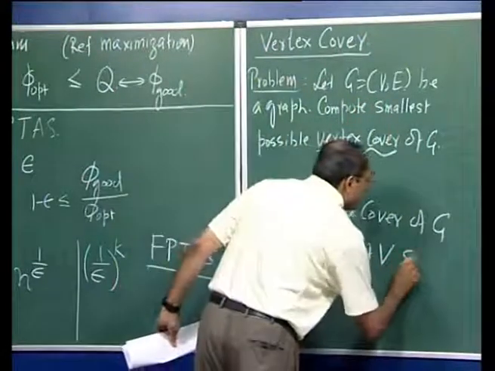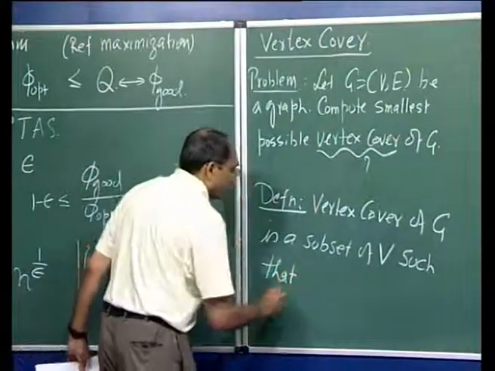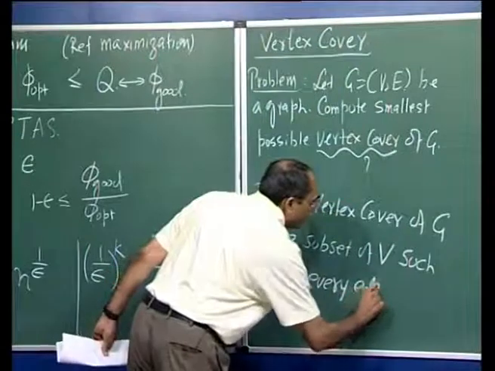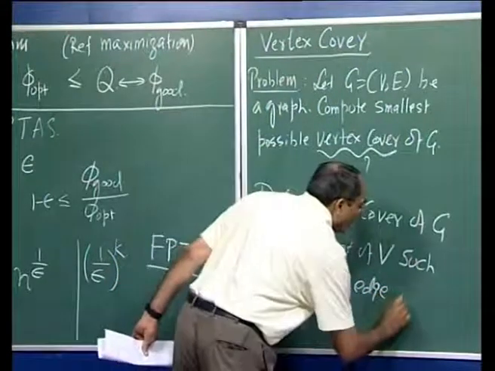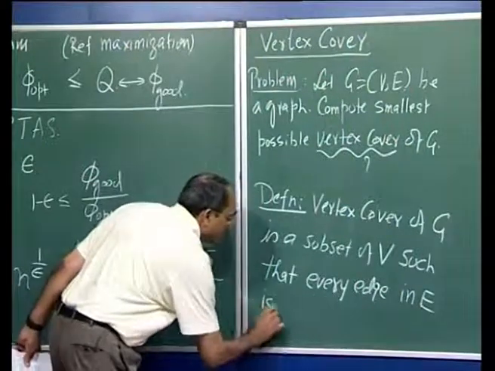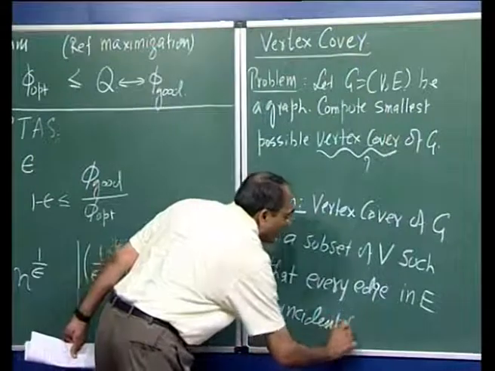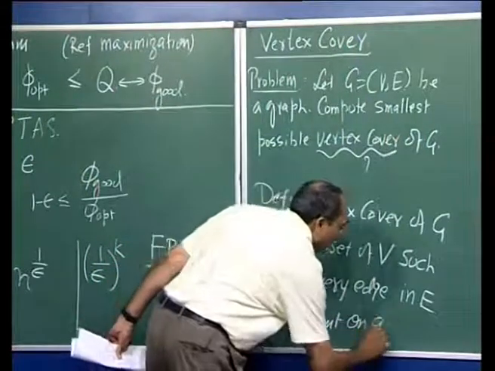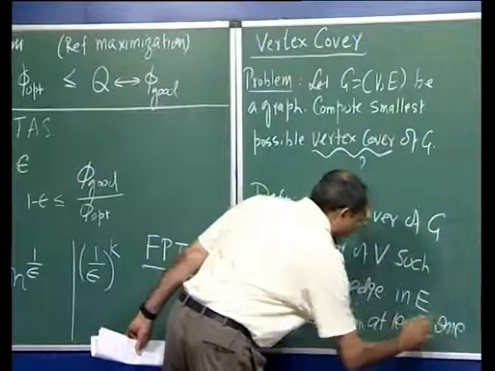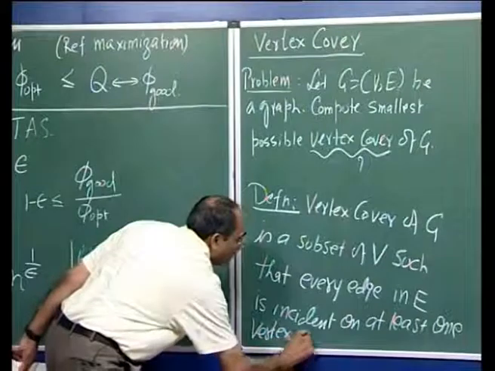such that every edge in E is incident on at least one vertex of this set.